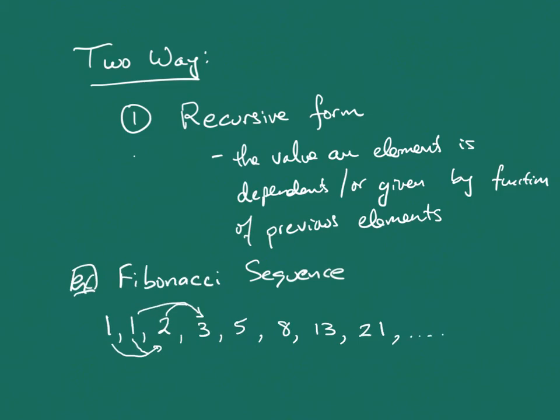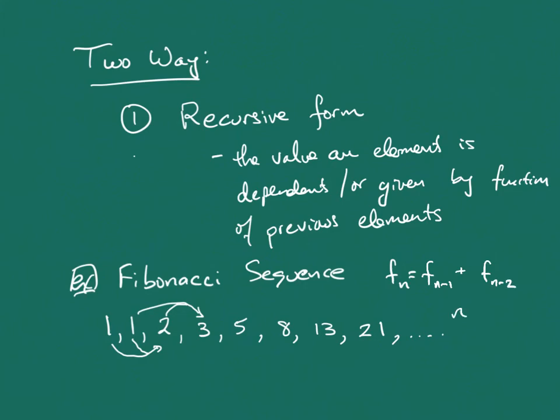So this gives us a way of generating a sequence recursively, and if we write out what that would look like, we could say that our nth element of the sequence is given by f sub n minus 1, the element that came before it, plus the element that came before that, f sub n minus 2.